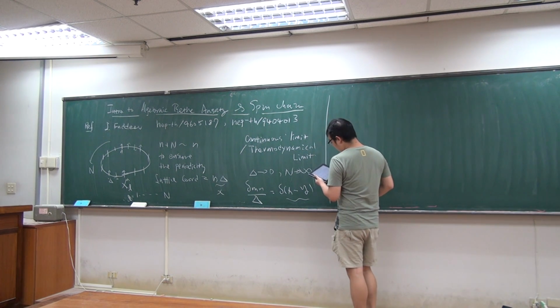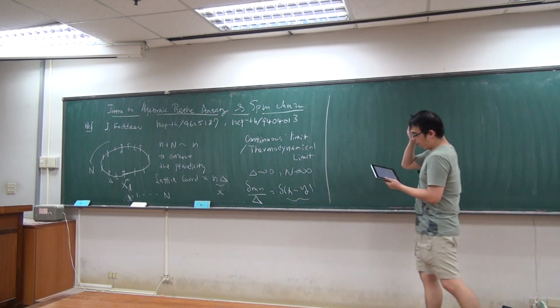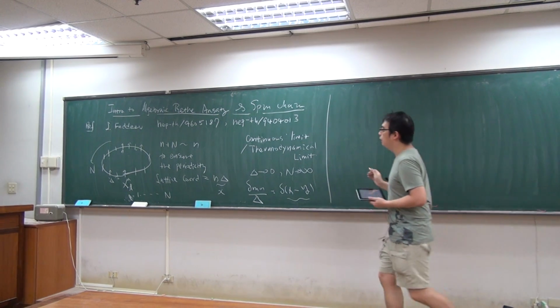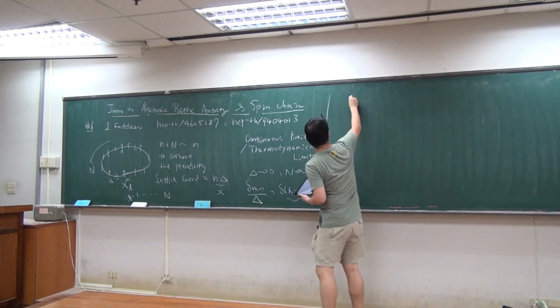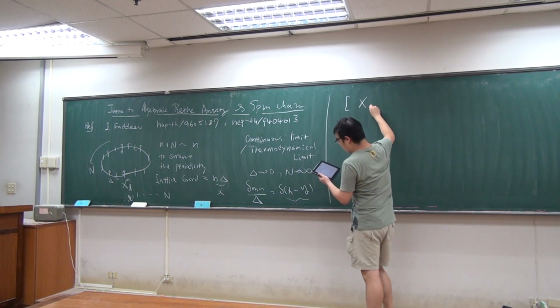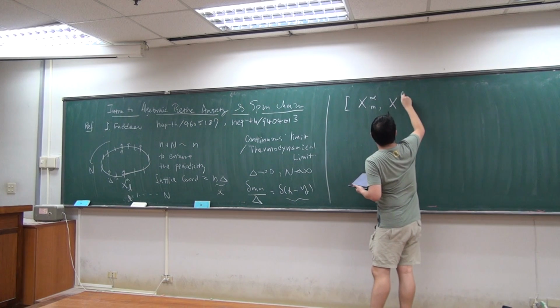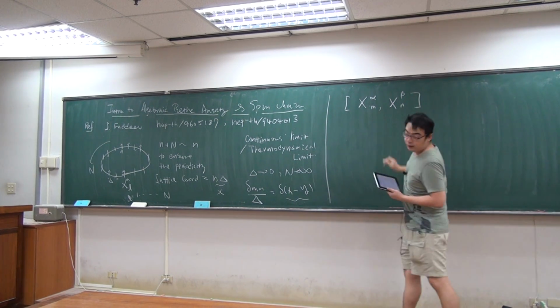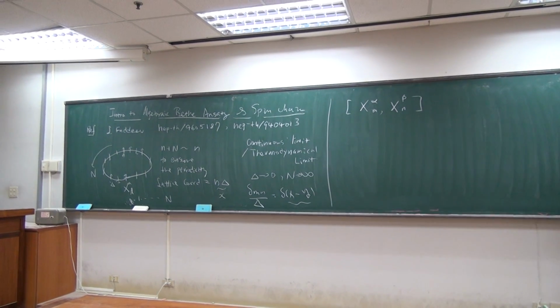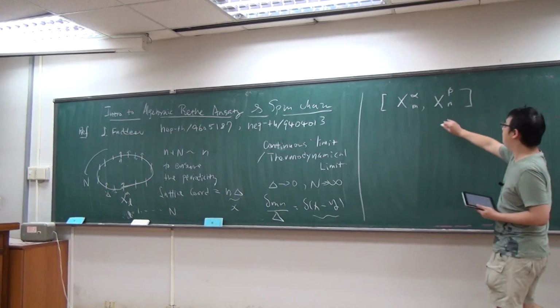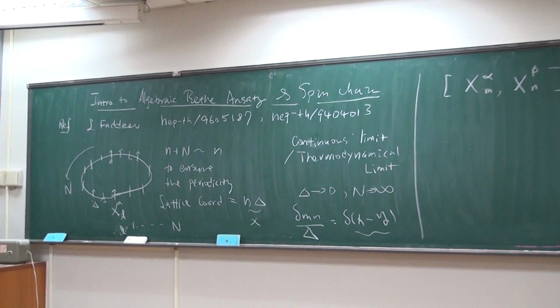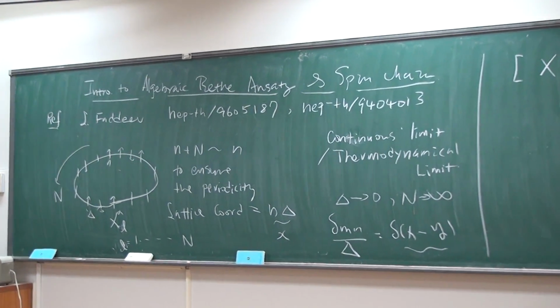So let me just write some words. Usually when we are studying, eventually we'll be studying something like this. Okay, that's a better way to say it. So we'll be studying different kinds of commutators between different observables, and you can view them as some kind of matrix.